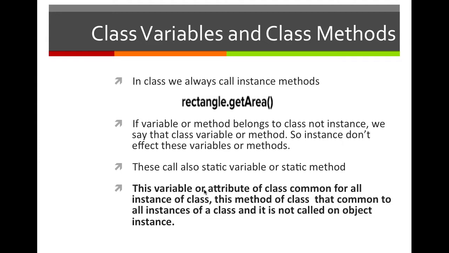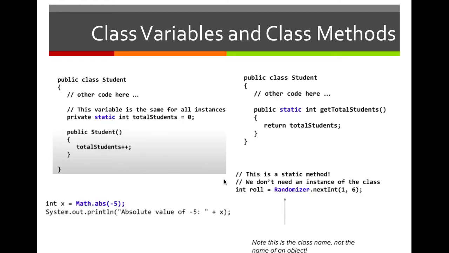This variable or attribute of the class is common, the same for all instances of the class. The same goes for methods: a method of the class is common to all instances of the class. We don't say it is an object instance, it is the class. All right. Okay, let's see some examples.